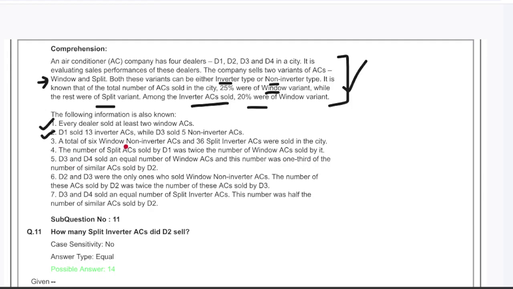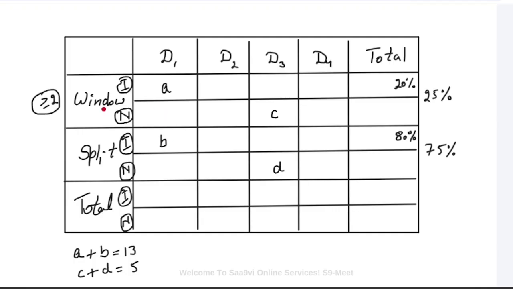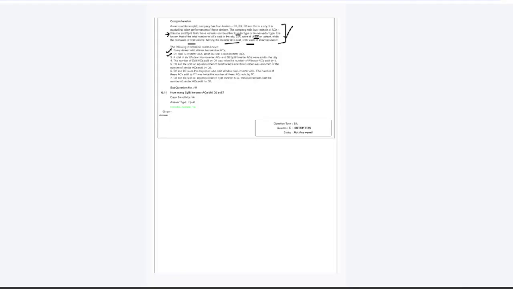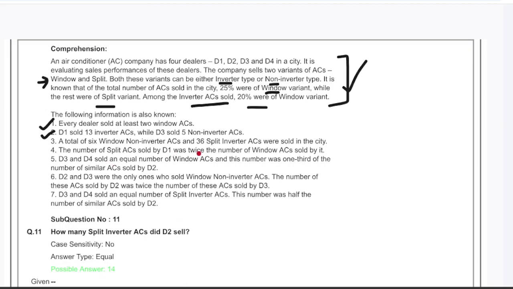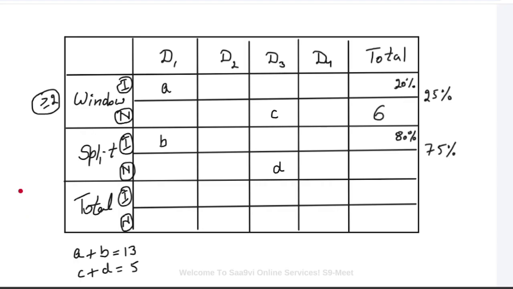A total of 6 window non-inverter ACs and 36 split inverter ACs were sold in the city. So window non-inverter ACs, they are 6 in number, and 36 split inverter ACs. Split inverter, they are total 36.